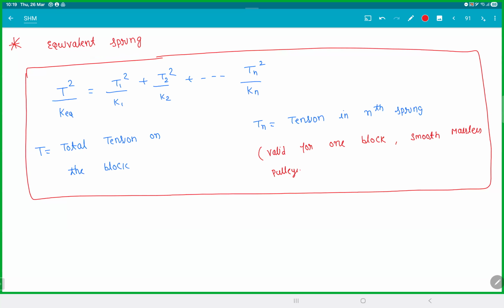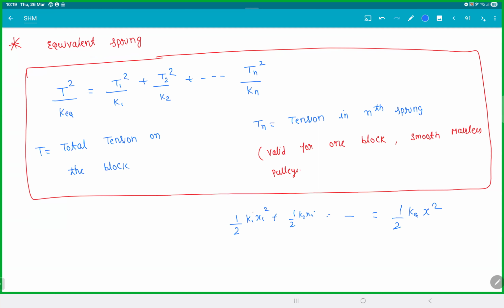So how did this come actually? I'll just tell you an idea. See, if there are n springs, the energy of the system will be half k1 x1 square plus half k2 x2 square, and so on. I can write all this energy in the system as half k equivalent x square. I'm just conserving energy. I'm saying the energy in all the springs must be equal to energy in one new spring.